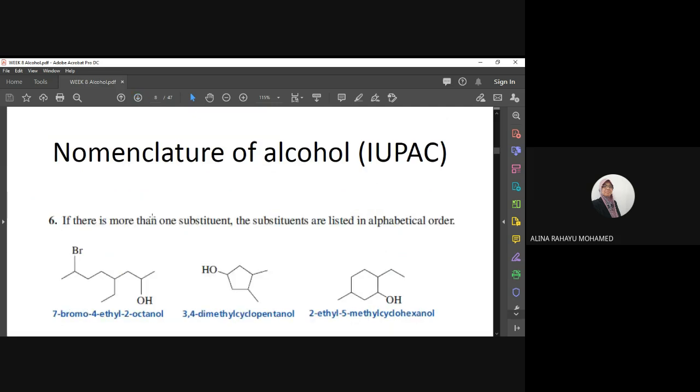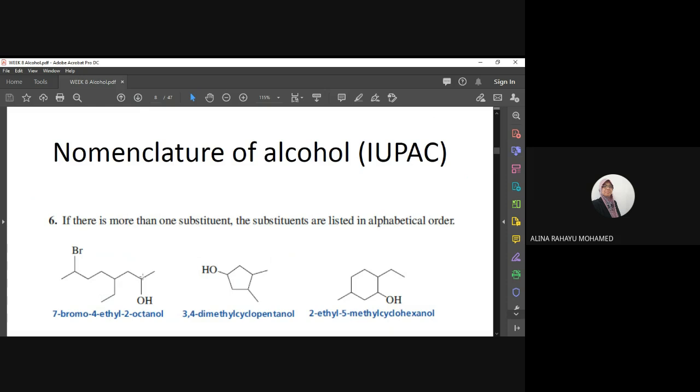If there is more than one substituent, the substituents are listed in alphabetical order. What does it mean here? It means that if we have more than one group, we have to arrange them in alphabetical order. Let's try this one. We have 1, 2, 3, 4, 5, 6, 7, 8. 8 is octanol.